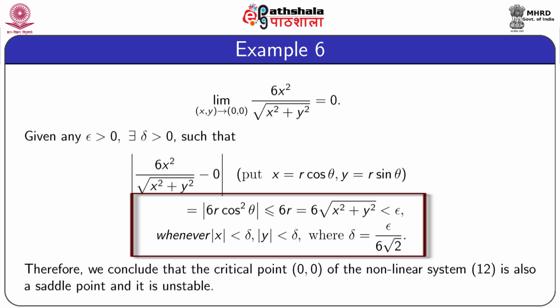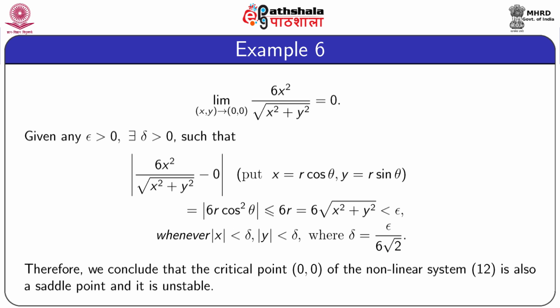And this r can be written as square root of x square plus y square, which is less than epsilon whenever mod x is less than delta and mod y is less than delta, where delta equals epsilon by 6 root 2. Please note that for this kind of problem we always put x equal to r cos theta and y equal to r sin theta, as it is very easy to handle.